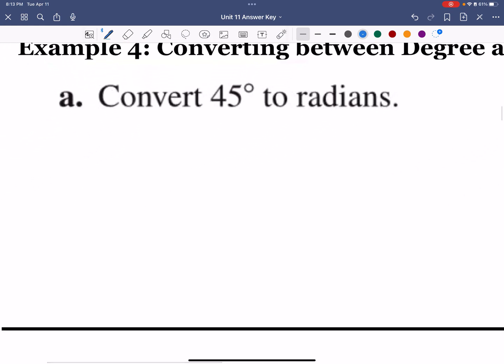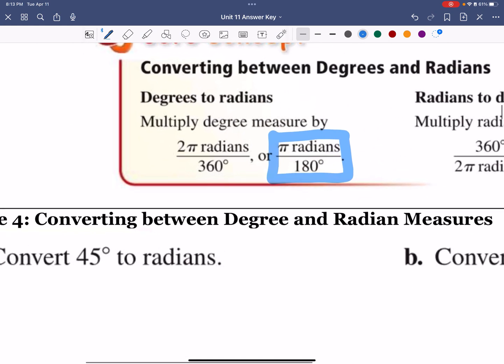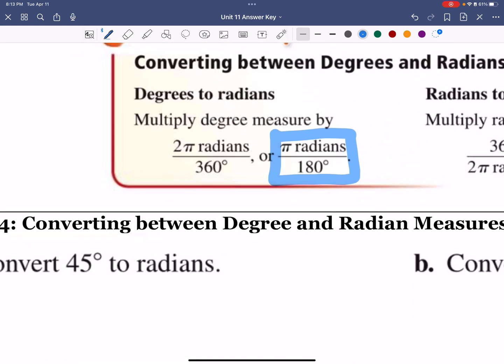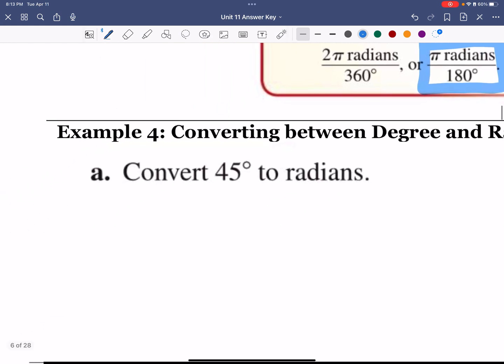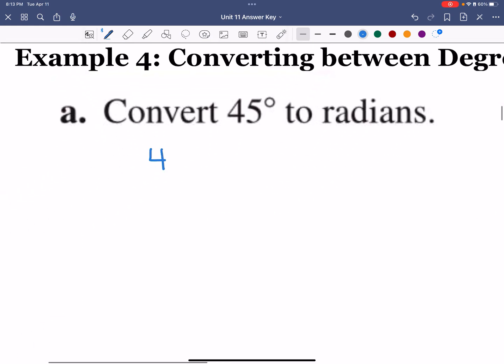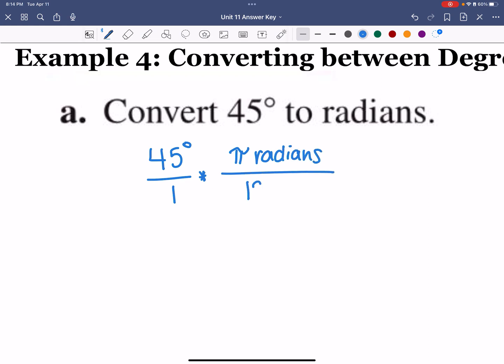So, if I have 45 degrees, I'm going from degrees to radians. I need to multiply by pi radians over 180 degrees. Whatever I am trying to get rid of, in this case the degree sign, needs to be on the opposite side of my fraction for this to work. So I have 45 degrees on top, and I multiply by pi radians over 180 degrees.